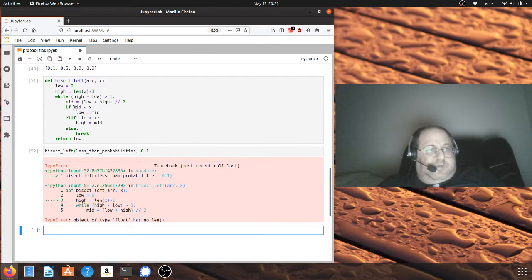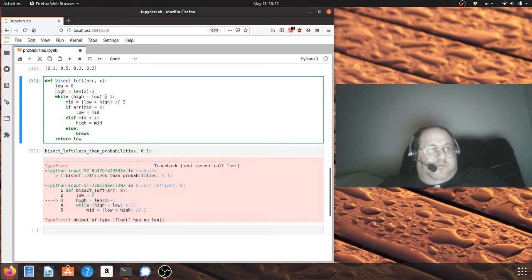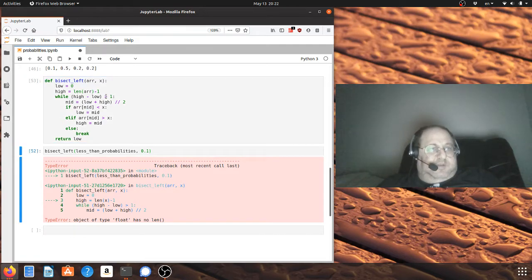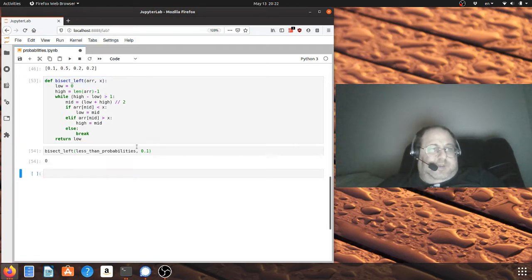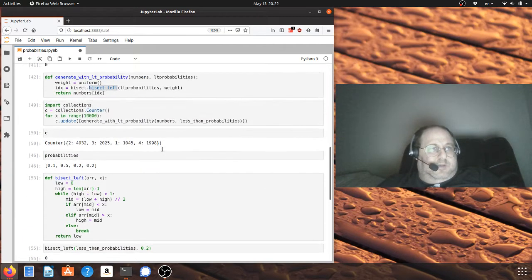First, this should be array of mid, and of course it's the len of the array, not of x, and that should work. Yep.